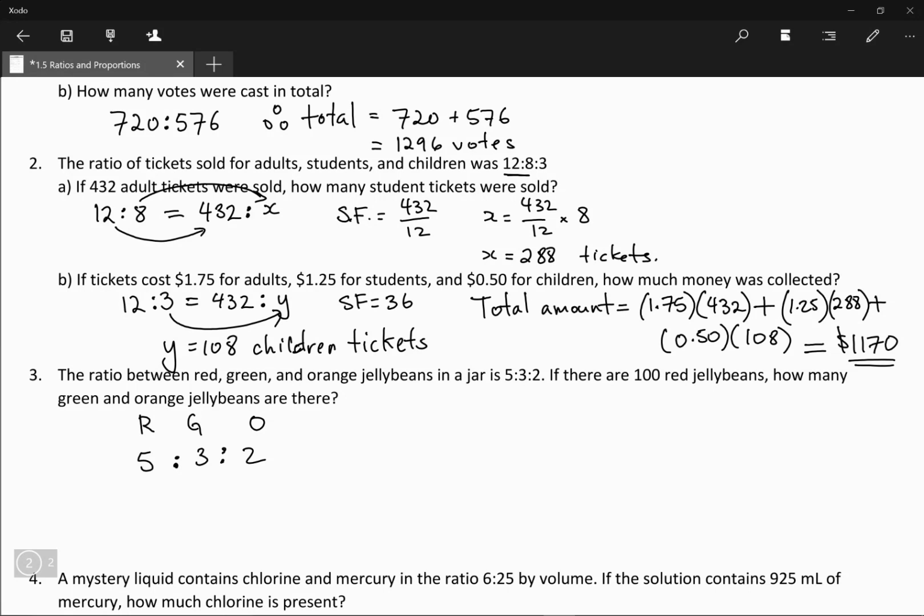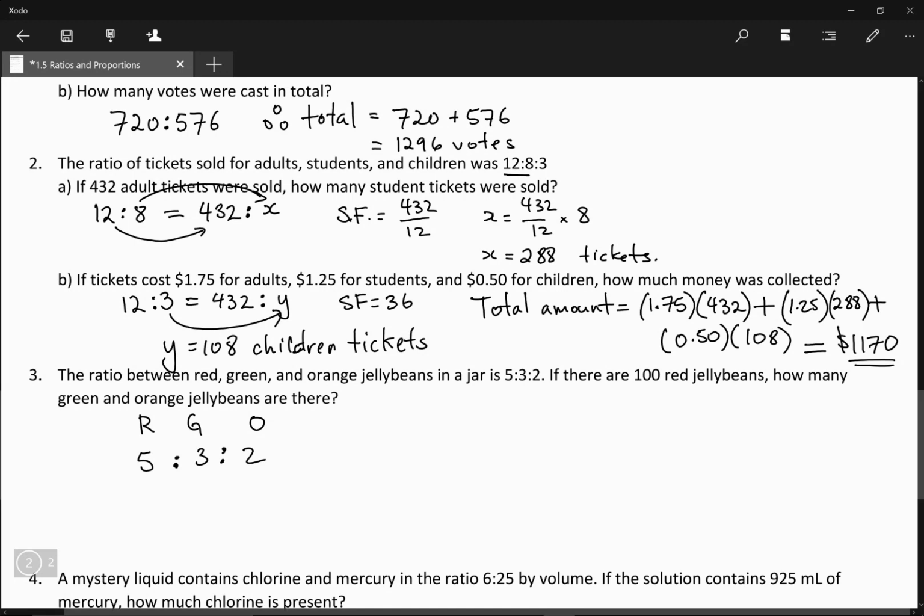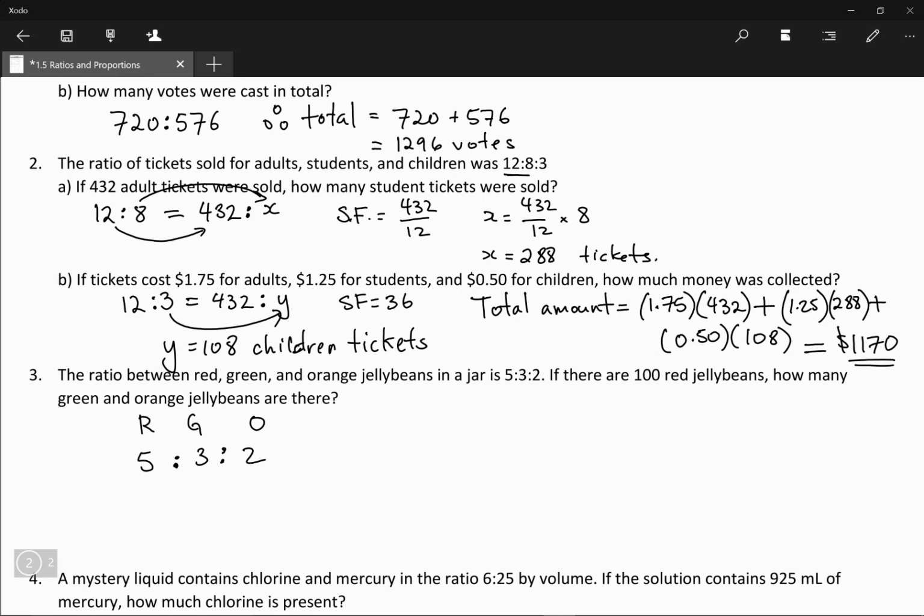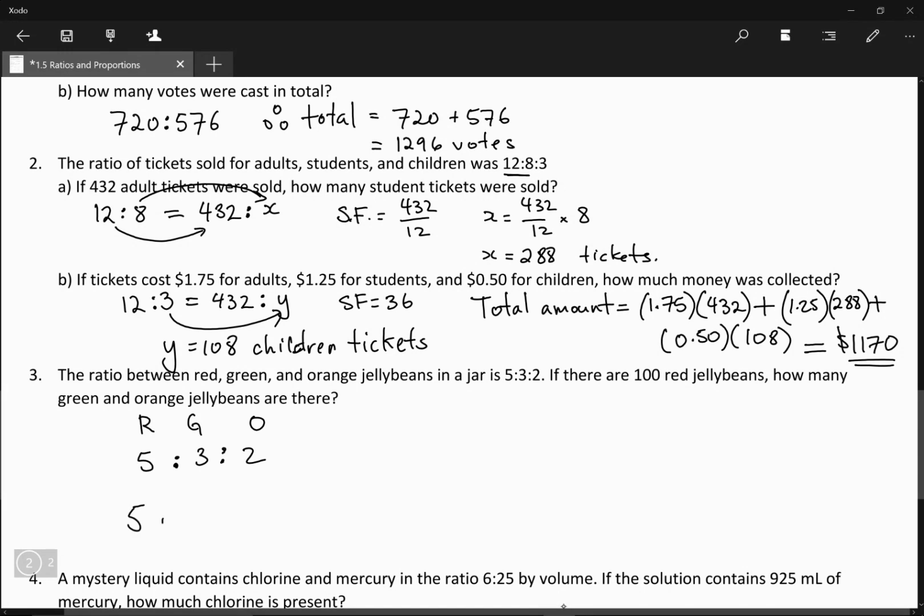Okay, so in total, there are 10 in total. So 5 plus 3 plus 2 is 10 parts in total. So 5 parts red, and 5 parts would be green and orange. So 5 parts are red, and 5 parts are green plus orange.